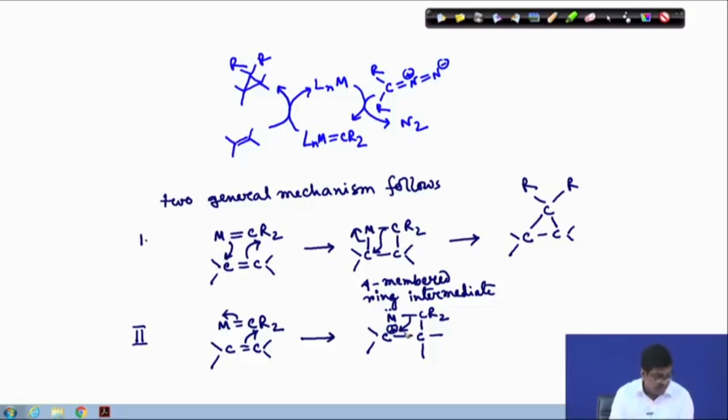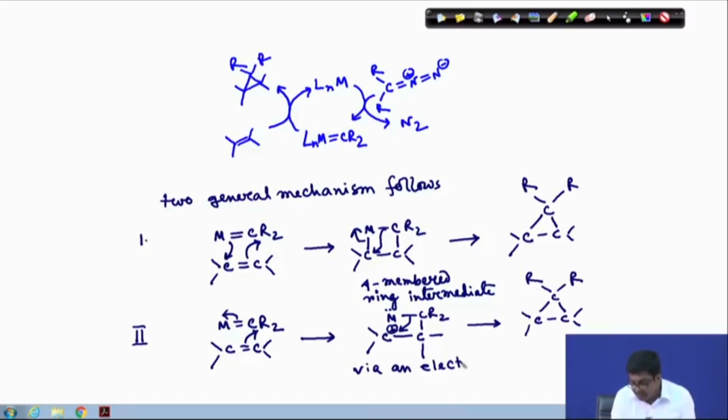Then this polar species undergoes this 1,3 bond formation, and that gives the cyclopropane. Okay. So, this is via an electrophilic attack.